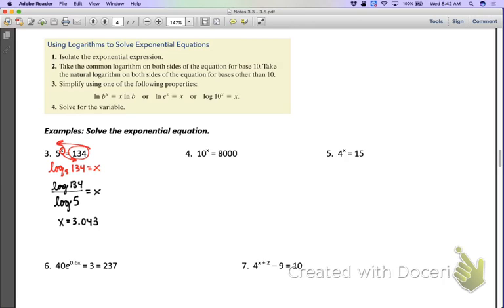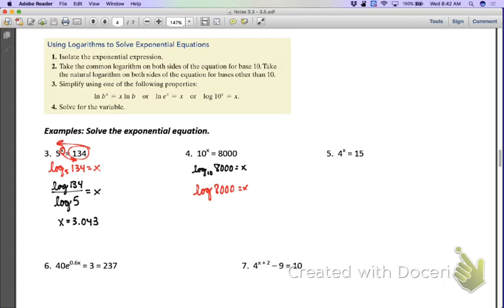Same way on 4, now it's a power of 10, so if you need to, you can write it as log base 10 of 8,000 equal to x. Remember, log base 10 is really just log of 8,000.